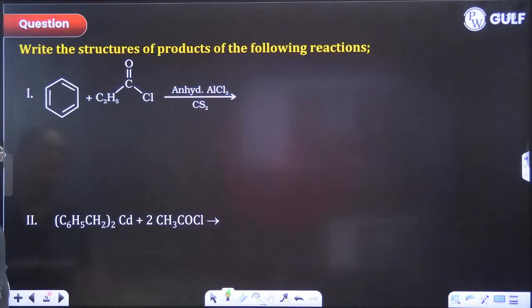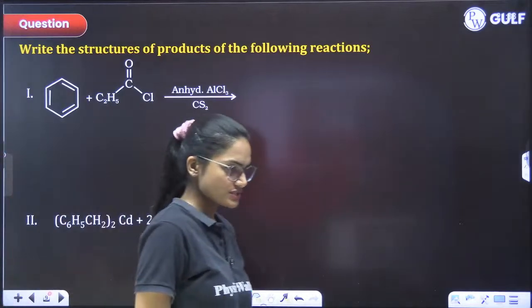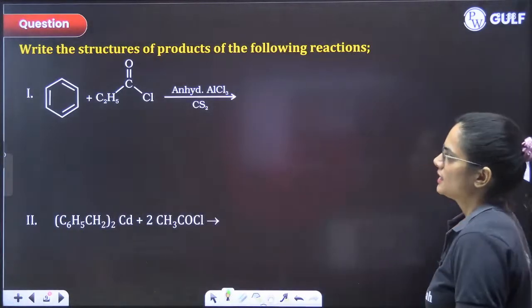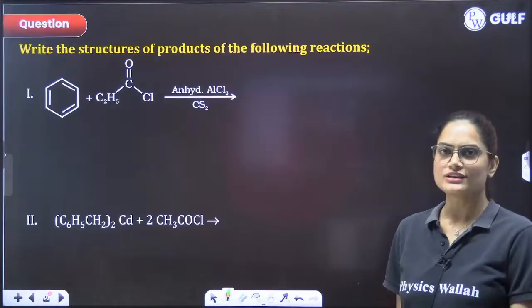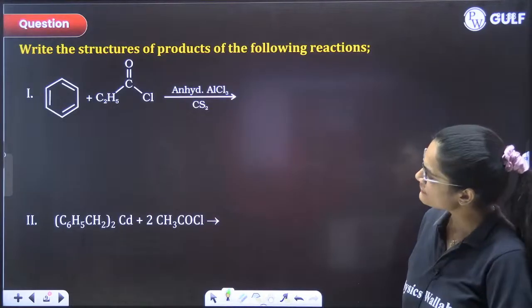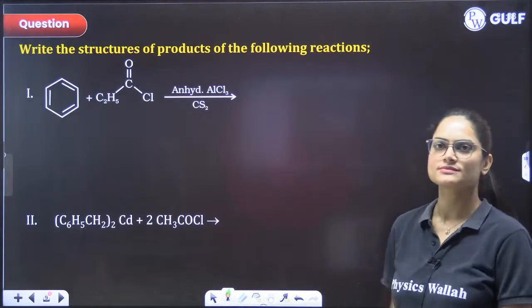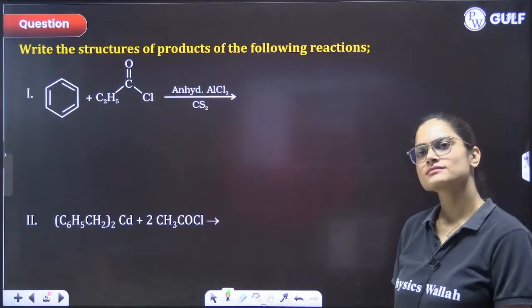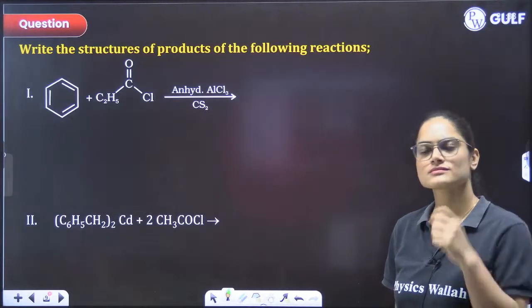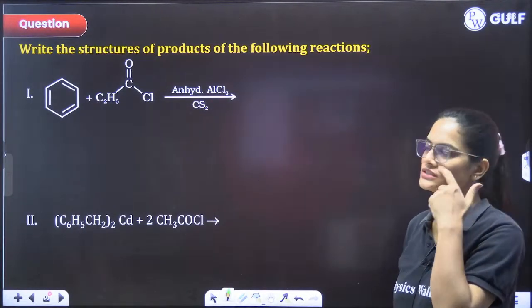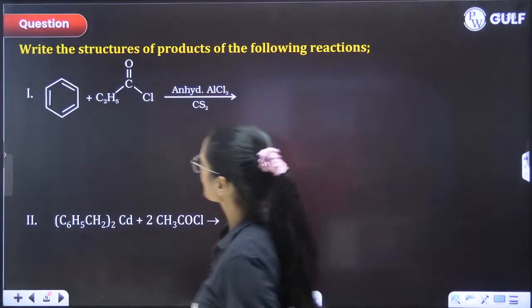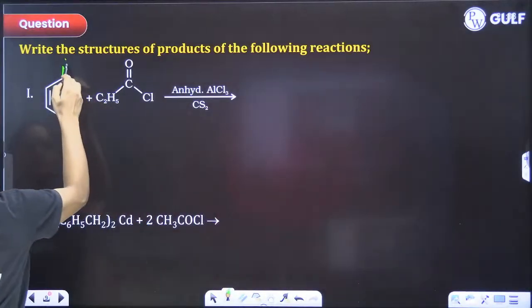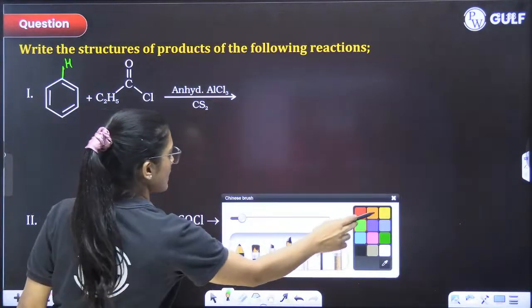Write the structures of the products of the following reactions. This is benzene and you are carrying out its reaction with C2H5COCl. What is the name of this reaction? This is Friedel-Crafts acylation. And here, hydrogen from here and Cl from here.